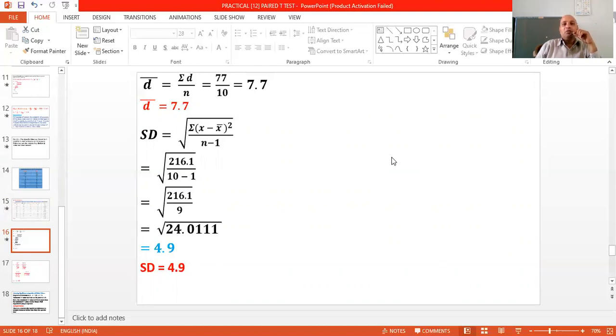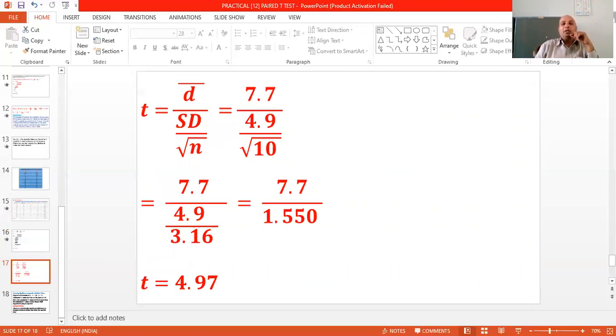Then d bar is 7.7. Using the formula, standard deviation is equal to under root summation of x minus x bar squared upon n minus 1. Then standard deviation is 4.9.